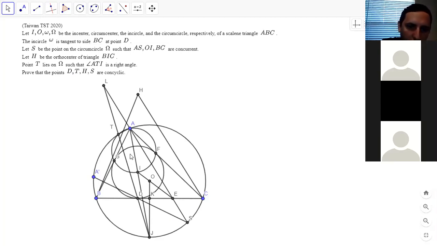So yeah, I could also drop a perpendicular from D to FG, although I'm not sure how helpful it would be.